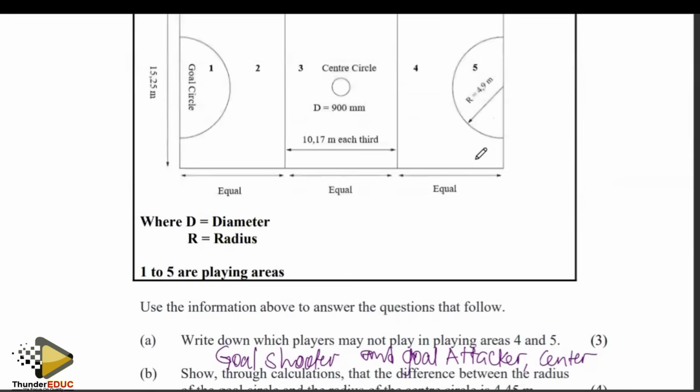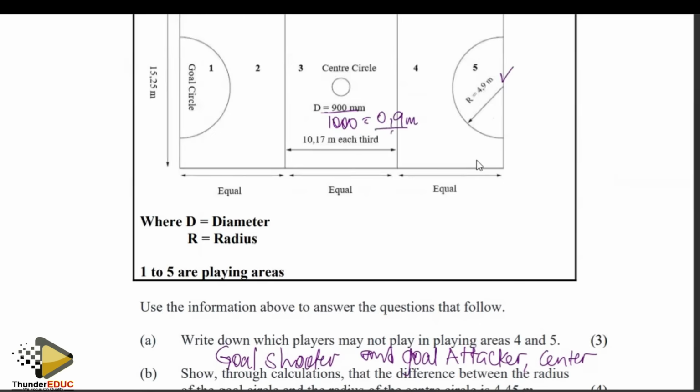Let's come and say this is already in meters. We don't need to change that, but then we need to change the 900 into meters. We divide by 1,000, which becomes 0,9. So this is the diameter, we're looking for the radius.